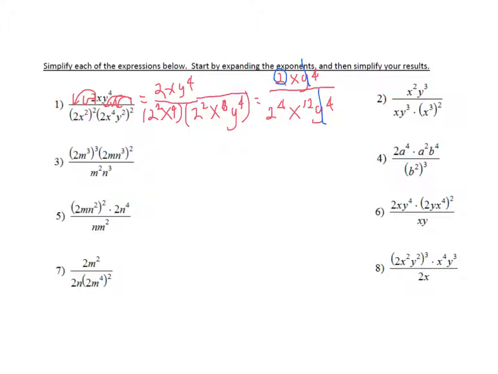So, my answer is going to be one over 2 to the 3rd x to the 11th, which is the same as 1 over 8 times x to the 11th. Always remember to write out your numerical exponential expressions because then they are simplified. They're not until you have done so.